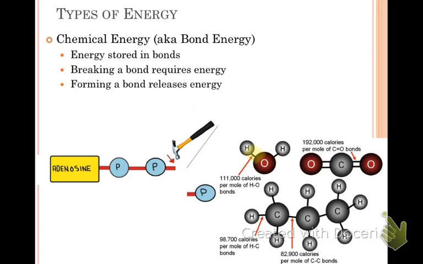If we take a look at the carbon dioxide, there's 192,000 calories per mole of the C double bonded to the O. And there's 82,900 calories between the two carbons, and 98,700 calories between the carbon and the hydrogen. So each different type of bond has a different amount of energy in them. And of course, we need that same amount of energy in order to break those bonds.